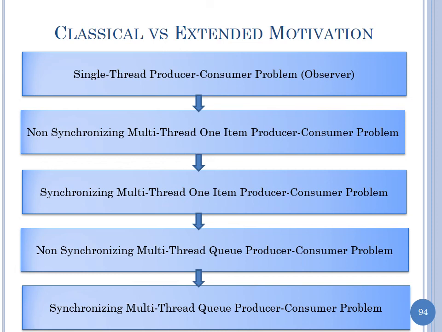That's what you study in operating systems. You say, assume there are two threads, they need to exchange information, assume they need a queue in between. Let's see how to make it a synchronizing queue. What I've done is started with a single-threaded producer-consumer problem and gone in gradual steps to the other. Why did I do that?